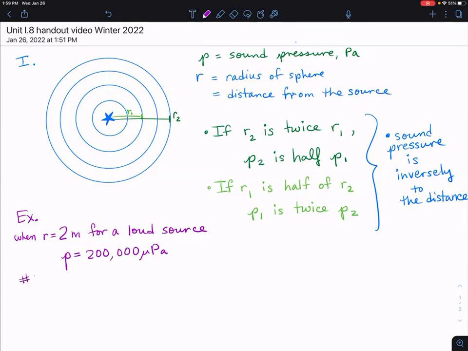Now the first question is, what is the pressure at R equals 4 meters?